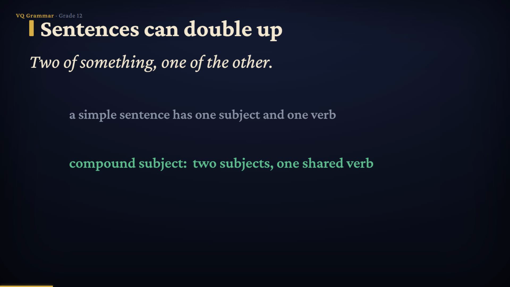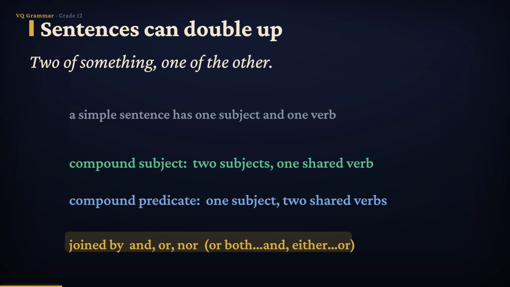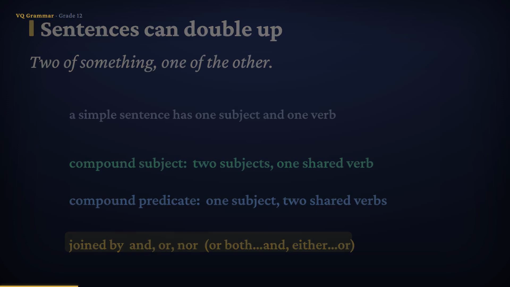In a compound predicate, a single subject carries two or more verbs. And the pieces are almost always joined by one of three little words, and, or, nor, or by a matched pair like both, and, or either, or. Keep those joining words in mind. They're the seams where sentences double.